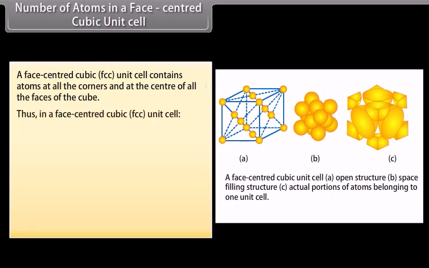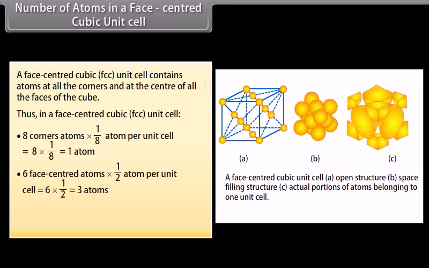Thus, 8 corner atoms into 1 upon 8 atom per unit cell equals 8 into 1 upon 8, which is equal to 1 atom. 6 face-centered atoms into 1 upon 2 atom per unit cell, which equals 6 into 1 upon 2, which equals 3 atoms. Therefore, total number of atoms per unit cell is equal to 4 atoms.